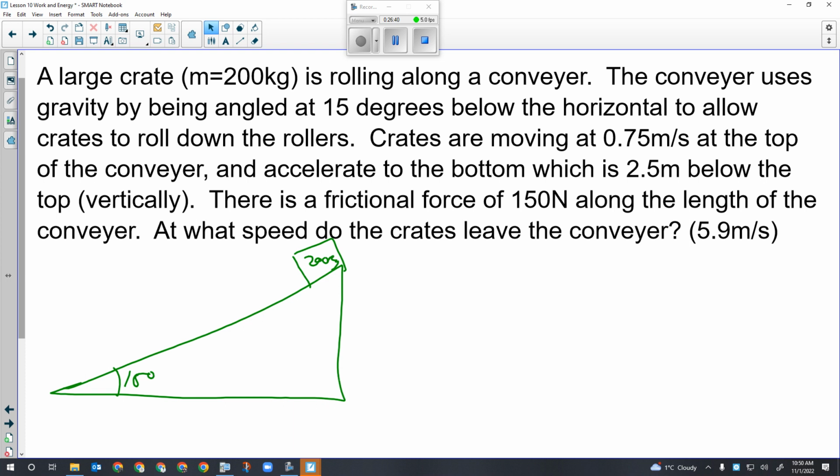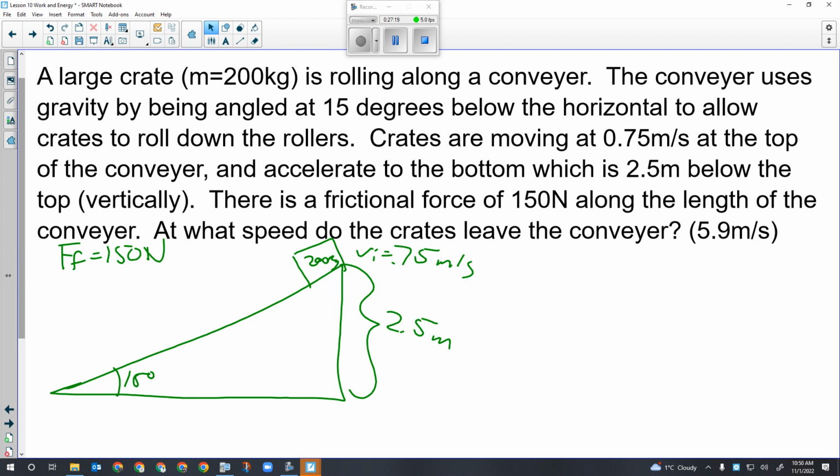We know that the crates are moving at 0.75 meters per second at the top, and we know that they are 2.5 meters above the bottom of the ramp. And we know that there is a frictional force of 150 newtons along the length of the conveyor. So that would be a negative force or up the ramp.